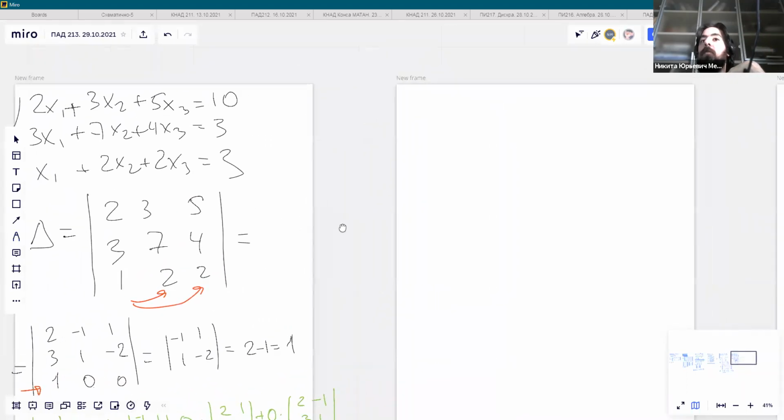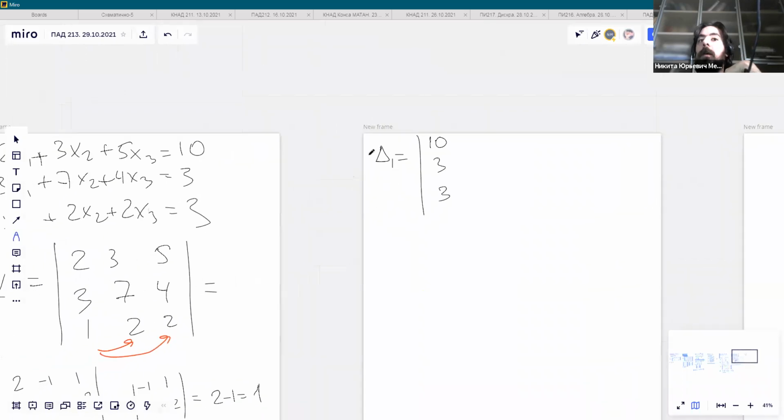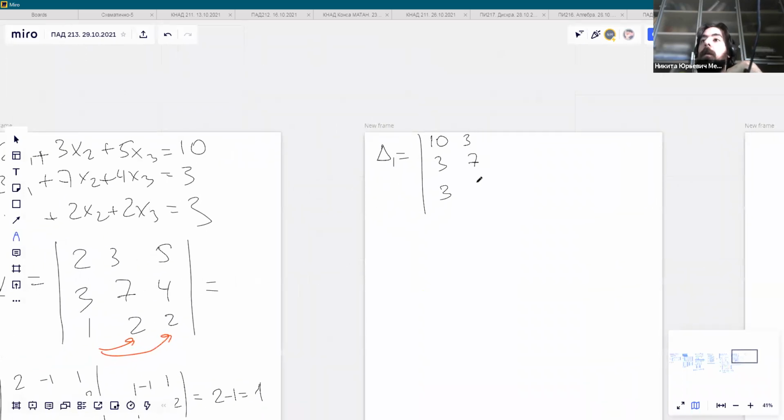Now I have, unfortunately, 3 more determinants to compute. So delta 1: I replace the first column by the right-hand side. So the second and third columns remain the same, okay? I repeat them. And the first column I replace by 10, 3, 3.